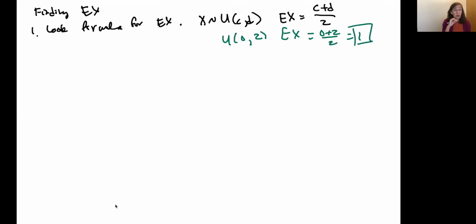And that is a perfectly fine way to do it. If the random variable you're working with is something that you don't have a formula for, or you're just trying to wrap your brain around the whole idea of what we're doing with these CDFs here, the more first principles way to find the expected value is to integrate.